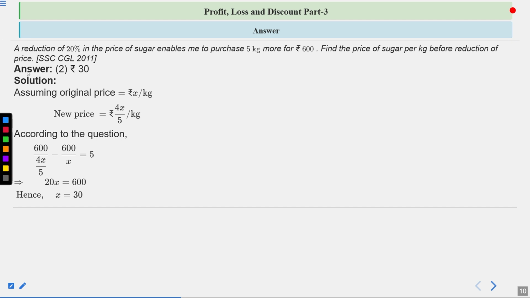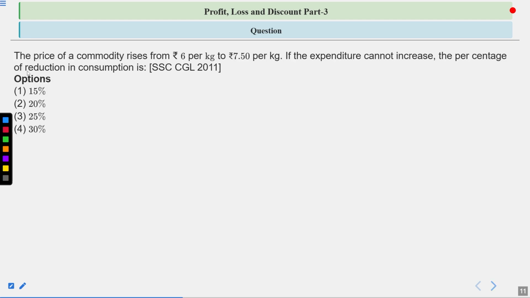Next one. The price of a commodity rises from 6 rupees per kg to 7.5 rupees per kg. If the expenditure cannot increase, the percentage of reduction in consumption is. This question was asked in the SSC CGL exam 2011. There are four options.